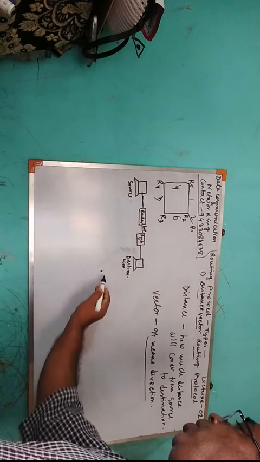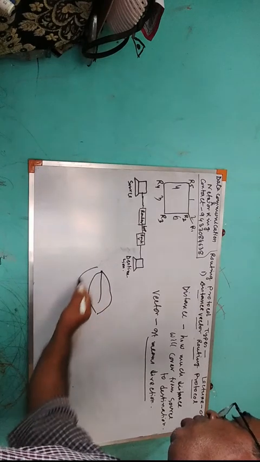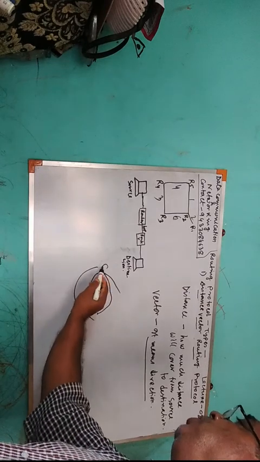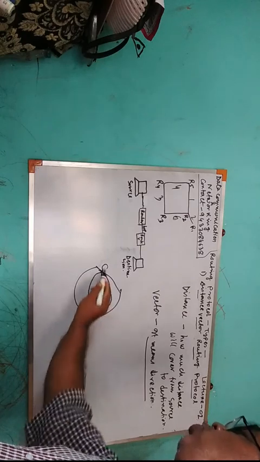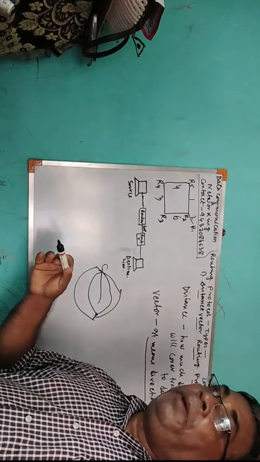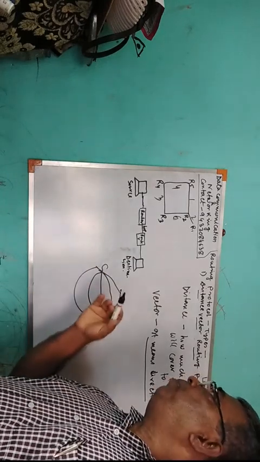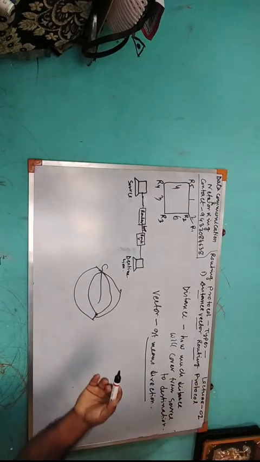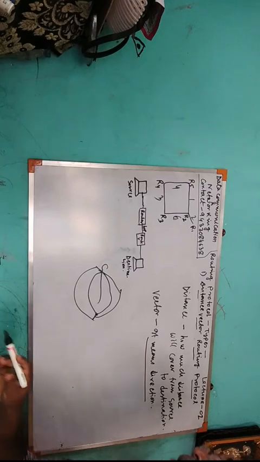Suppose from source to destination, as I already told, there are so many ways, this way, this way. So many paths are there by which the packet can be delivered. So the routing protocol will find the shortest path, or you can say the optimum path. So it means the direction will be found.